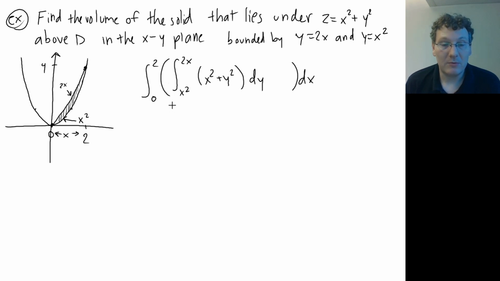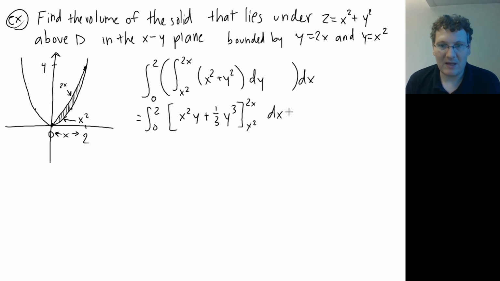All right, so we'll take the inner integral, and this is going to be integrated with respect to y. We're going to get x squared y plus 1/3 y to the 3rd. Okay, and then the lower bound is x squared, upper bound is 2x. And we have to now just plug this stuff in.